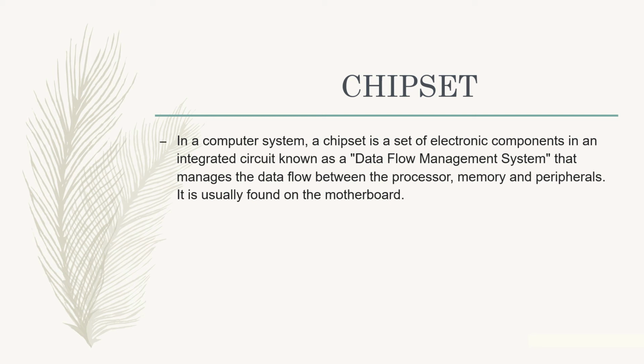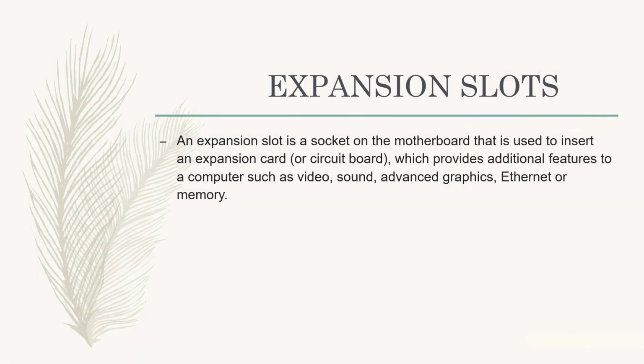The data flows and it manages the data. The most important thing is that it manages the data flow between the processor, memory, and peripherals of the computer. So it's one of the most important functions in the motherboard. Let us move forward.